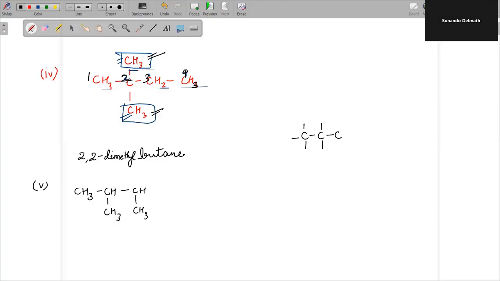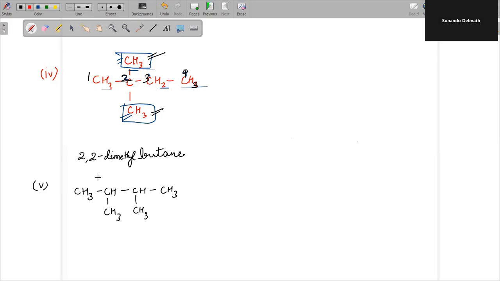And you have a CH3 connected. Okay. Now, what is the IUPAC name of this?